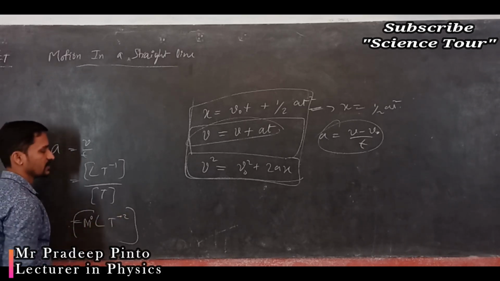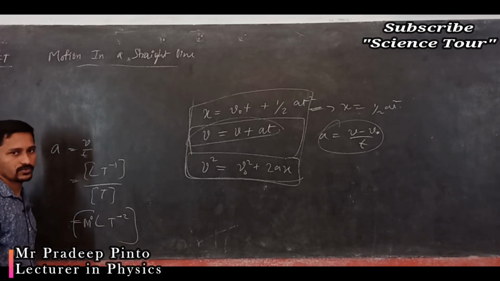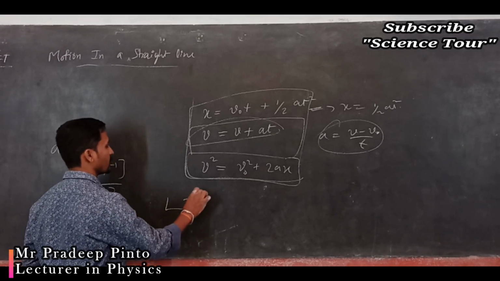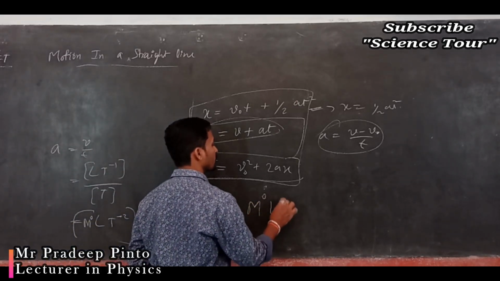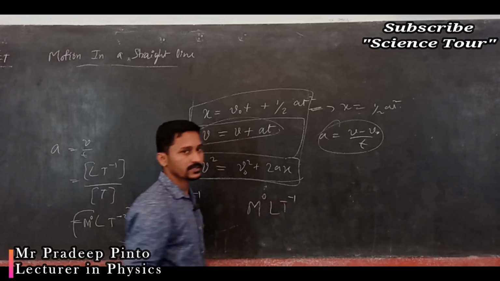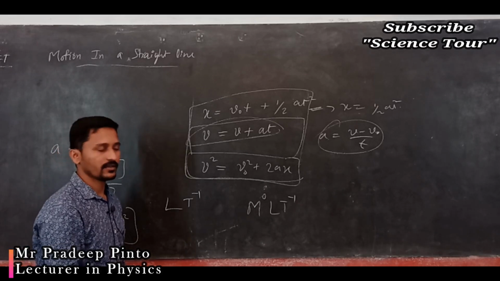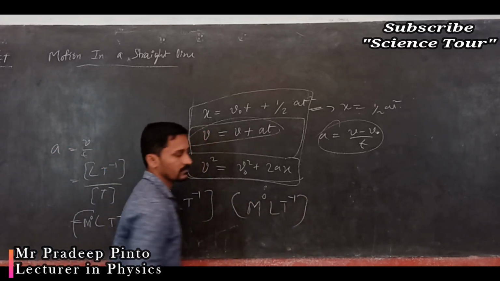If you write M, it means M is 0. M 0 L T minus 2. Say for example, in some books it is referred to only as LT minus 1, and in some books it is referred to as M naught LT minus 1. Both ways are correct. You have to draw it in the square brackets.